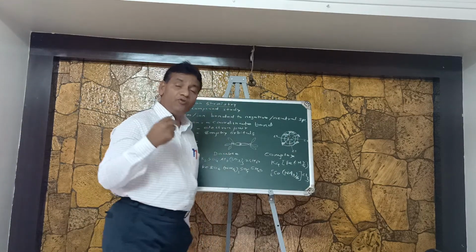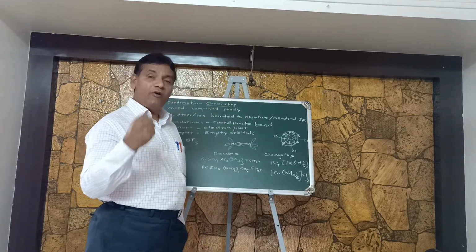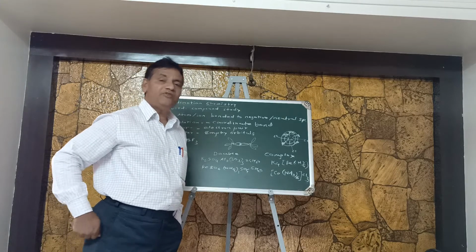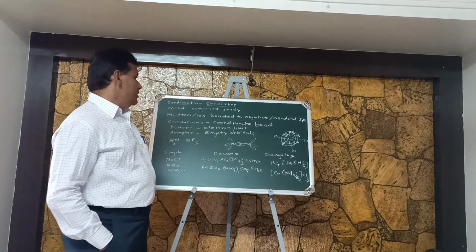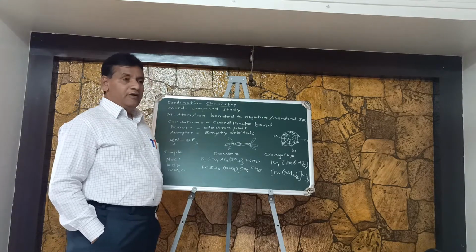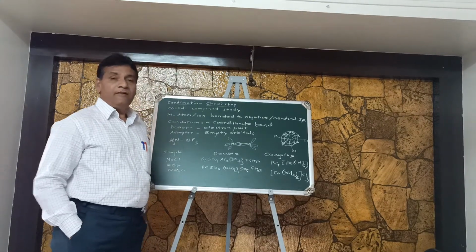Because of the coordinate bond, this coordination complex compound is formed, and that's why it is called a coordination complex compound. So what is the condition for coordinate bond formation?